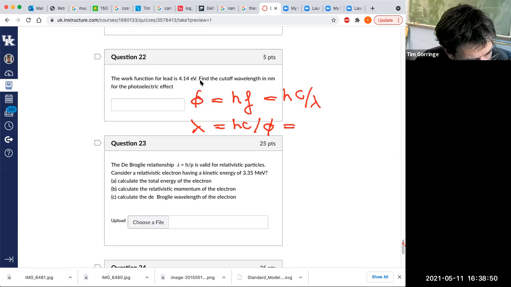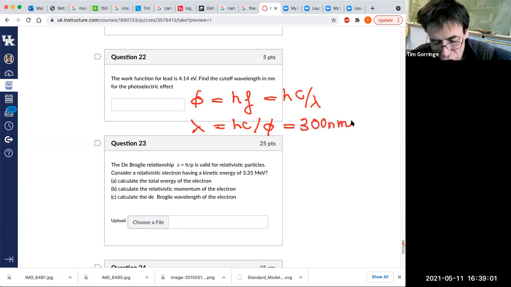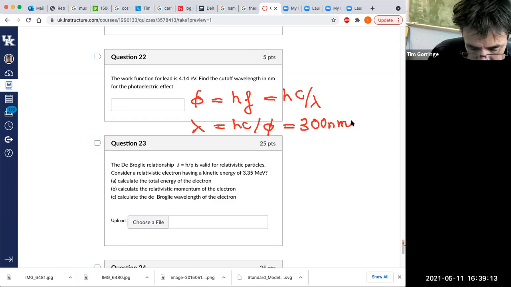If you go ahead and do that, again, I'm not writing all the numbers down, I got 300 nanometers. That's a shorter wavelength, a higher frequency than visible light. So visible light won't emit electrons from lead, but ultraviolet light will. And so that's the answer to number 22.